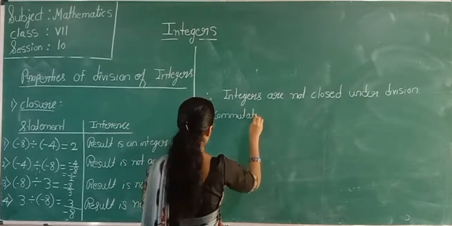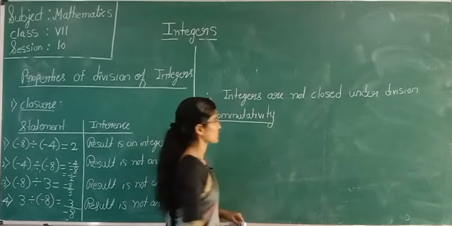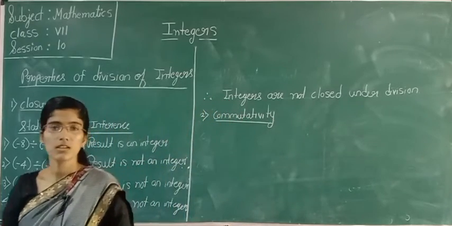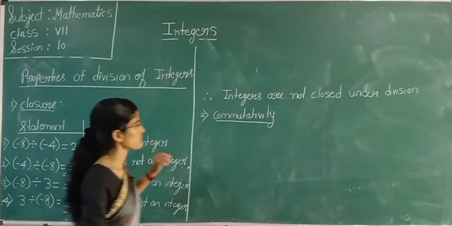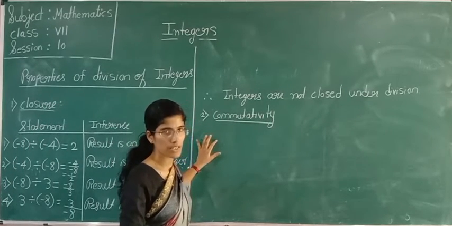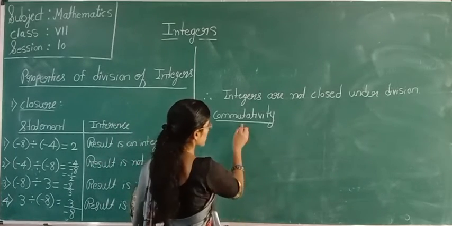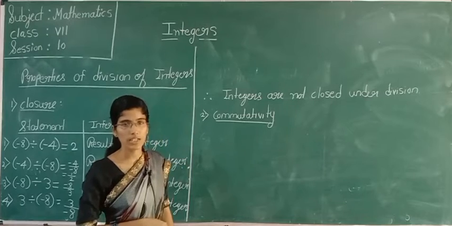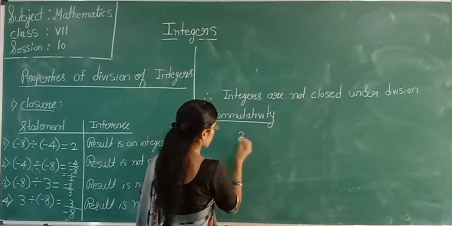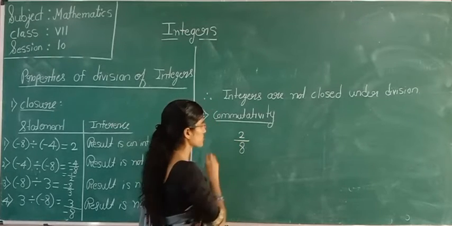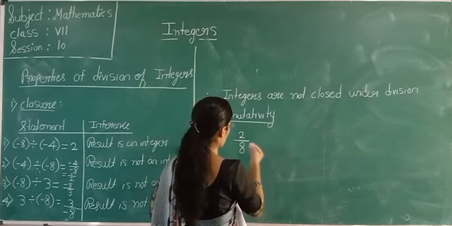The first property we saw was closure, right? Now we will see commutativity. Is division commutative for integers? Take any two integers. Now see, 2 divided by 8.